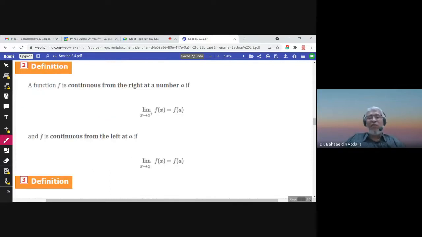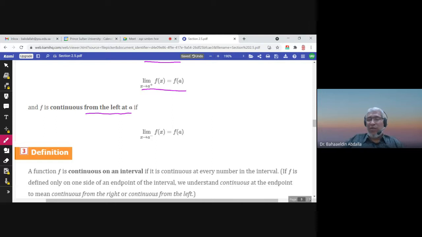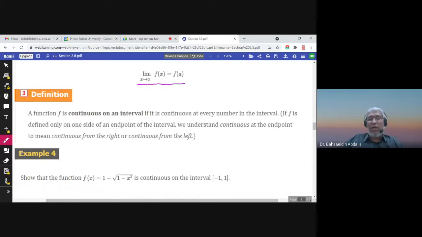A function f is continuous from the right if the limit from the right equals f of a. It's continuous from the left if the limit from the left equals f of a. It's continuous on an interval, let us say the closed interval a, b, for example, if it's continuous at every number in the interval, and if it's continuous from the left of b and from the right of a.